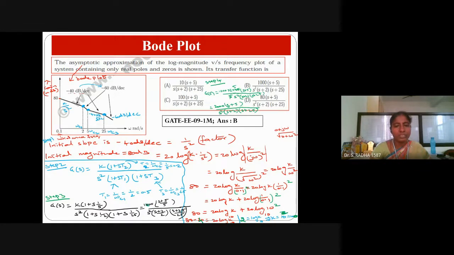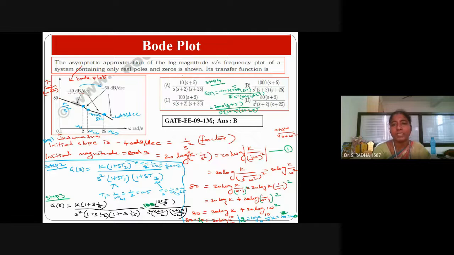Just to check where I have done the mistake: here 1 by s square is there in step 1, which I will make equation 1. But in the next step, you can see I substituted the omega value 0.1 only. Omega square means 0.1 whole square. There the calculation went slightly wrong.